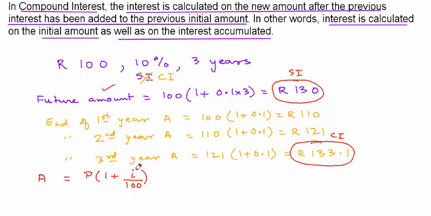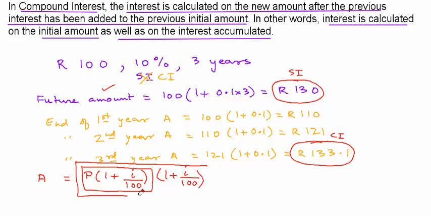So therefore, to find the amount at the end of the second year, this must be multiplied again with 1 plus I over 100. That's for 2 years. And this becomes the amount at the end of the second year. That becomes the initial amount for the third year, which needs to be multiplied with 1 plus I over 100 again. And you keep doing that n number of times.